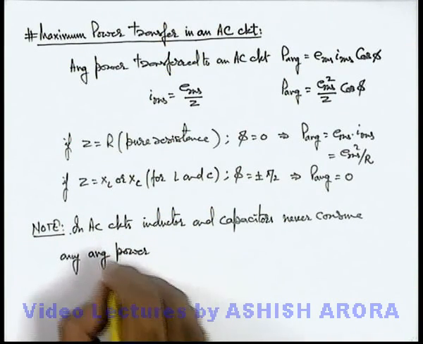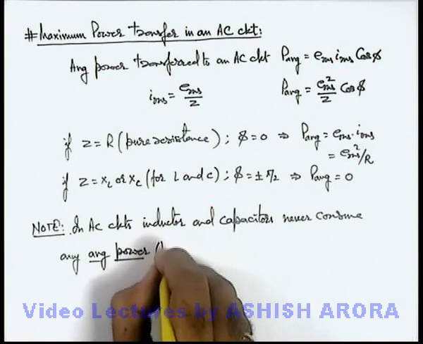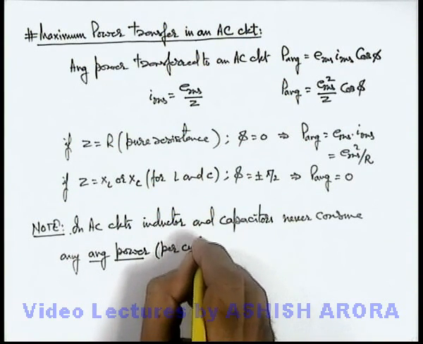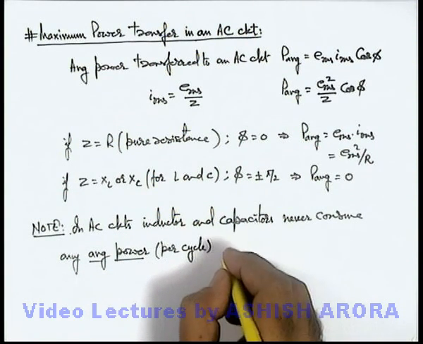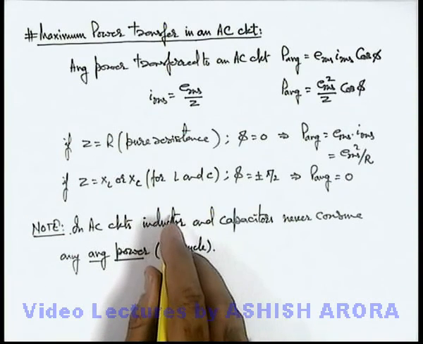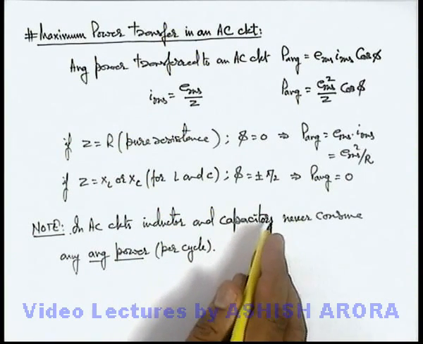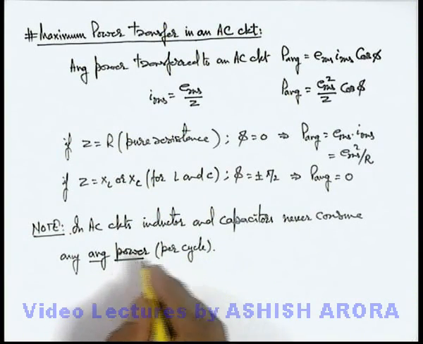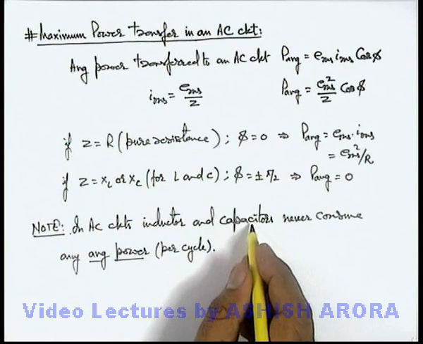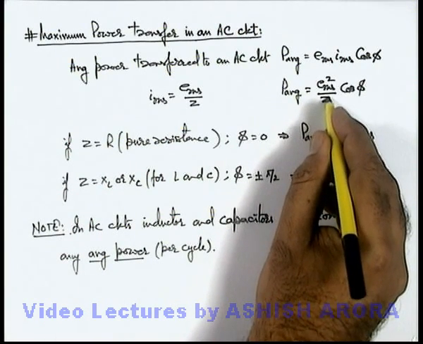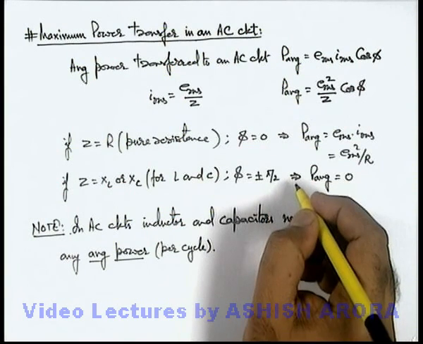Here we are talking about per cycle. Average power is calculated per cycle or over a long duration. In any alternating current circuit, inductors or capacitors never consume any average power, but due to the presence of inductor and capacitor, Z increases. So obviously the overall power decreases.